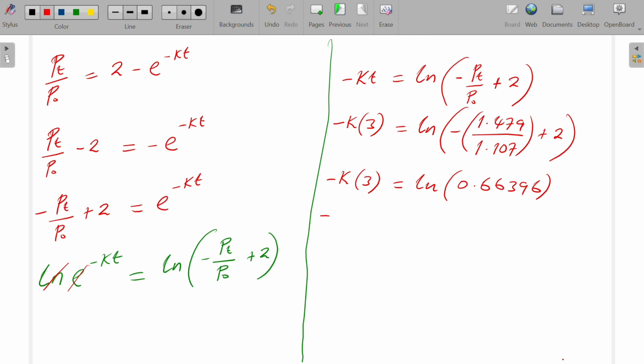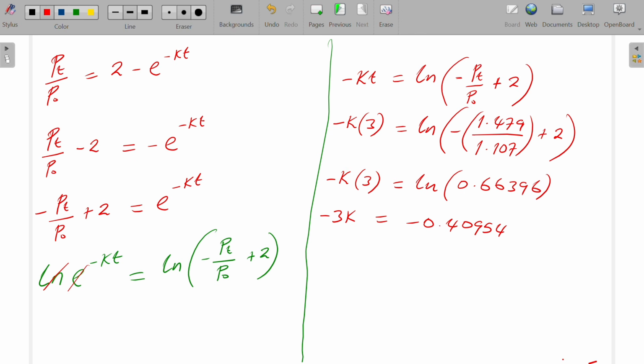So this is going to give us minus 3k, let's put it in that format, to be equal to the natural log of 0.66396, is giving me a minus 0.4095. So that's what I'm getting.